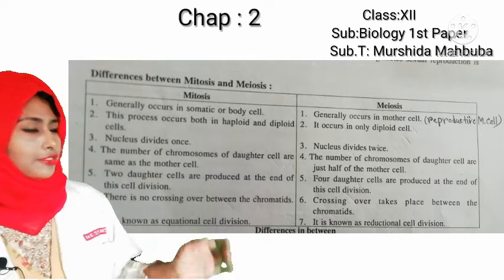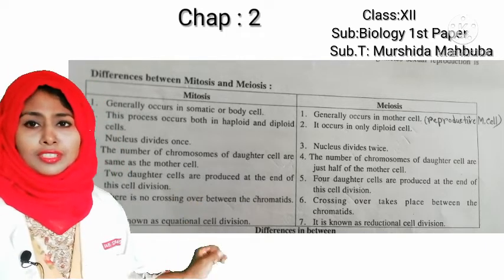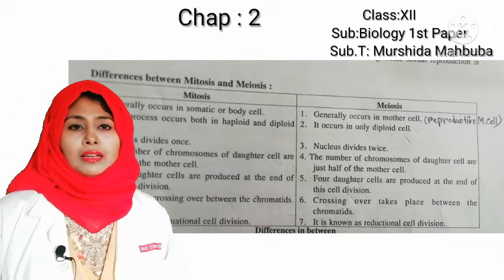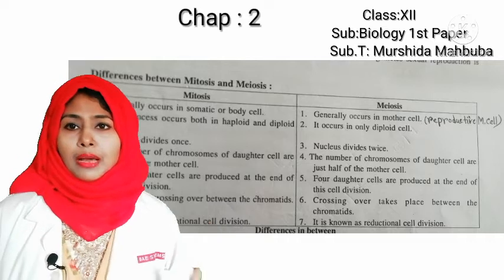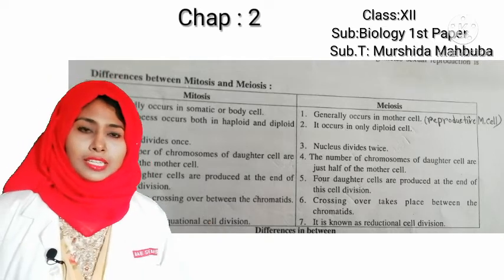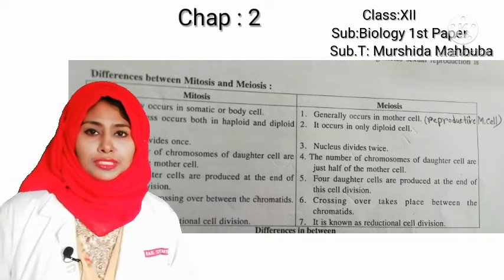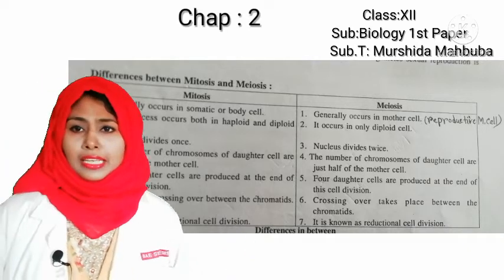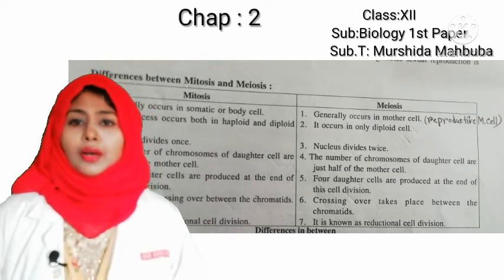The number of chromosomes in daughter cells is the same as in the mother cell, but in meiosis the number of chromosomes in daughter cells becomes half of the mother cell. 2 daughter cells are produced in mitosis, and here 4 daughter cells are produced.